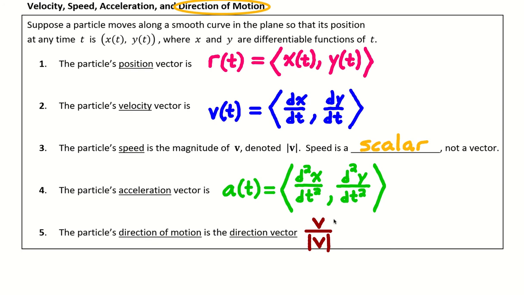So to get the direction of motion, you basically multiply the velocity vector by 1 over the magnitude of the velocity vector, or the speed. So you divide the velocity vector by the speed, essentially. So remember, you can think of this as a special little mini formula. That's very, very important when they specifically ask for the direction of motion.